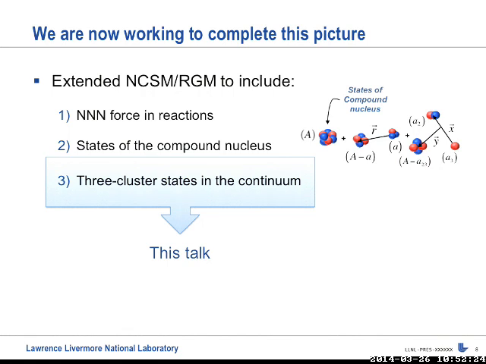We are expanding the basis by including states of the compound nucleus because when the two nuclei are fusing together and approaching each other, these kinds of basis states are going to be more efficient in describing the system than cluster states. So it's going to help the convergence of our approach. Next, we would like also to include three-cluster states to be able to describe, for example, three-cluster states in the continuum, or to better describe the deuterium, as you mentioned before.